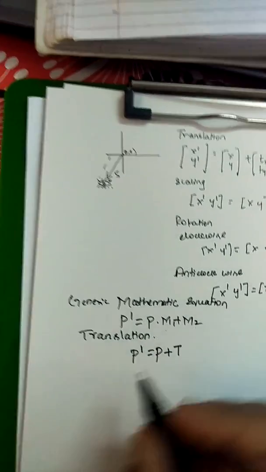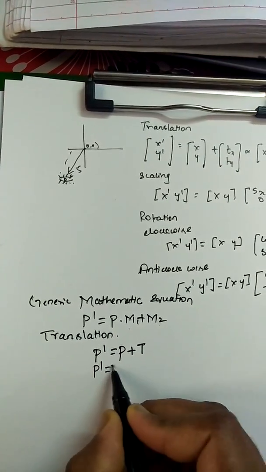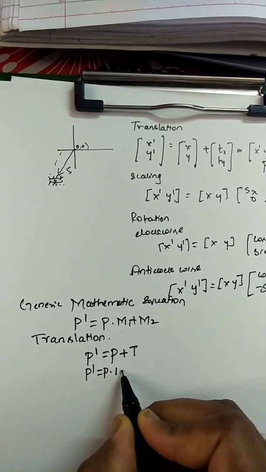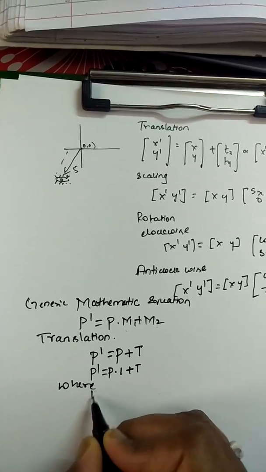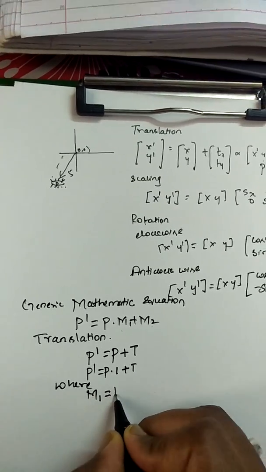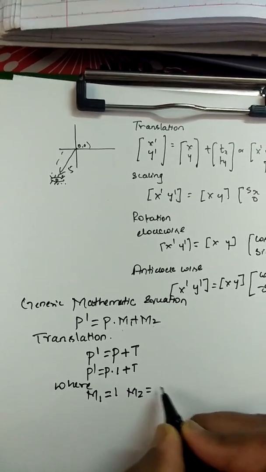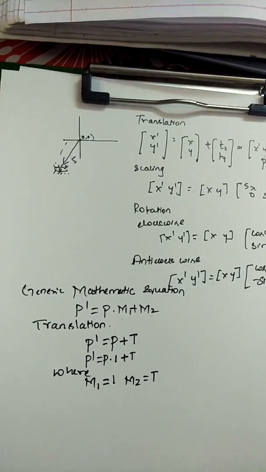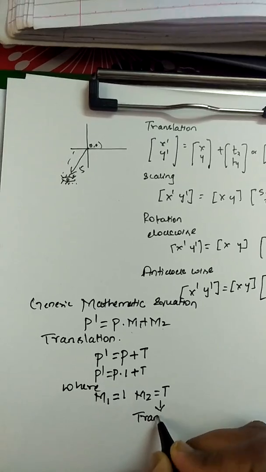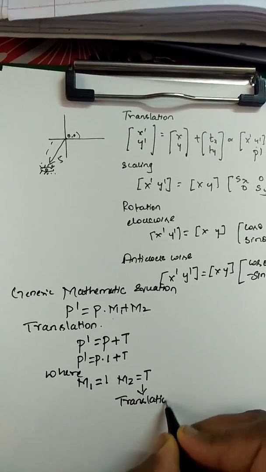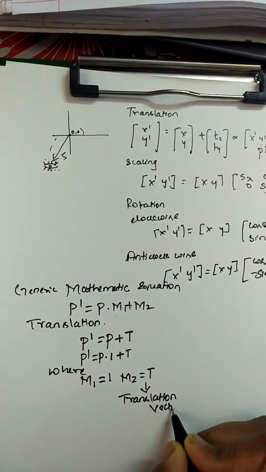In that case, p into 1 plus t, where m1 here is 1 and m2 is t, where t is the translation vector.